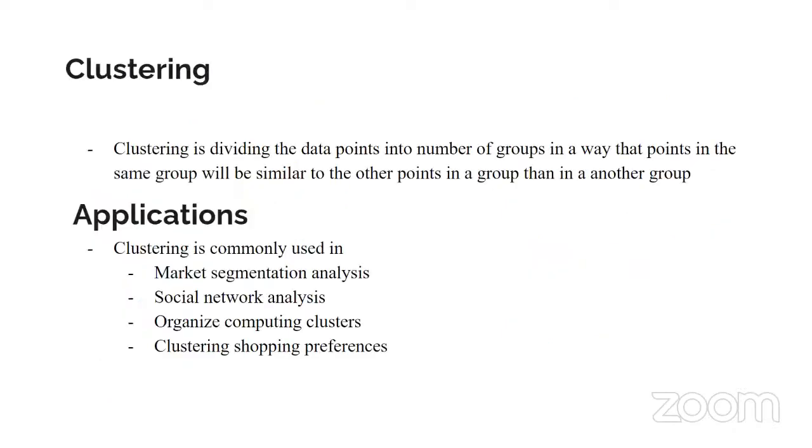Okay, so first clustering. So it is dividing the data points into any number of groups that you define. Okay, and clustering typical applications would include social networks like Facebook, Instagram, shopping preferences, and market segmentation.